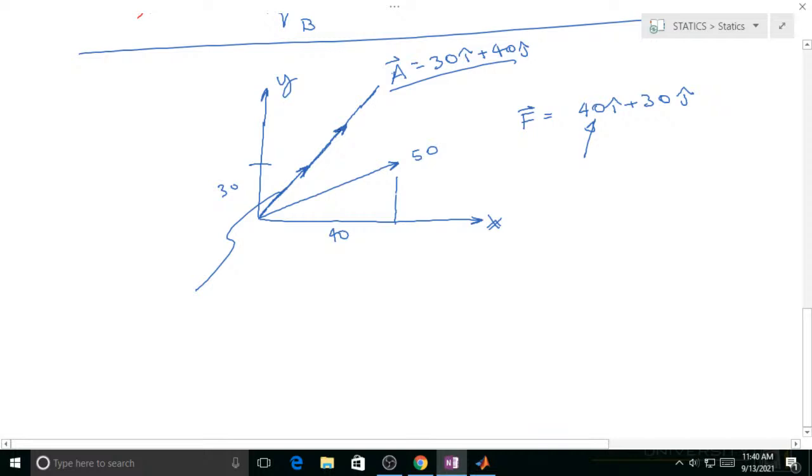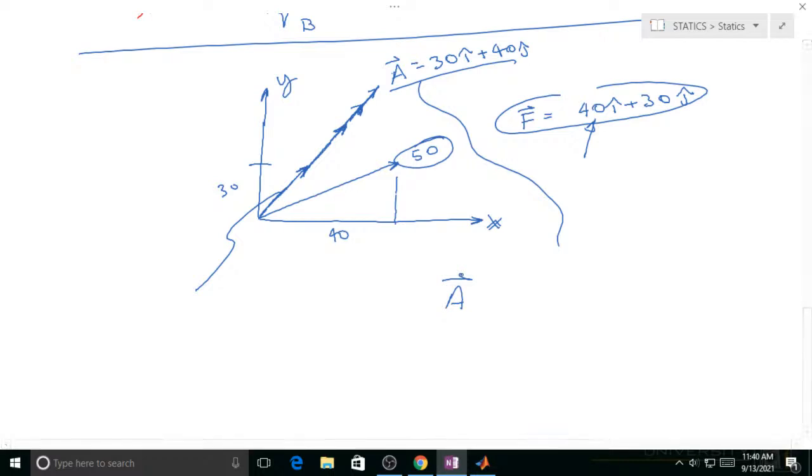Now, somebody may ask you, what is the component of this vector along that vector? The first thing you do is you take your A vector and you normalize it. You unitize it.